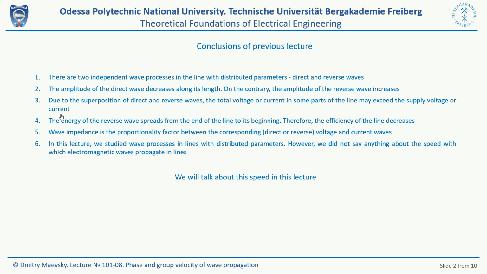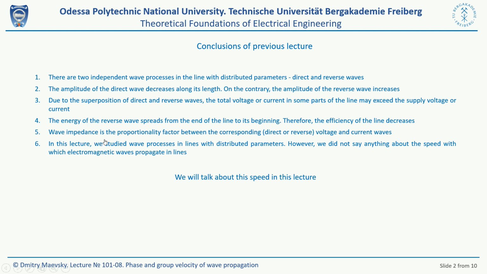A direct wave carries energy from the power source to the load, which is connected at the end of the line. And the energy of the reverse wave spreads from the end of the line to its beginning. That is, in this case, not all the energy of a direct wave falls in the load, but only a part of it. This reduces the efficiency of the line.